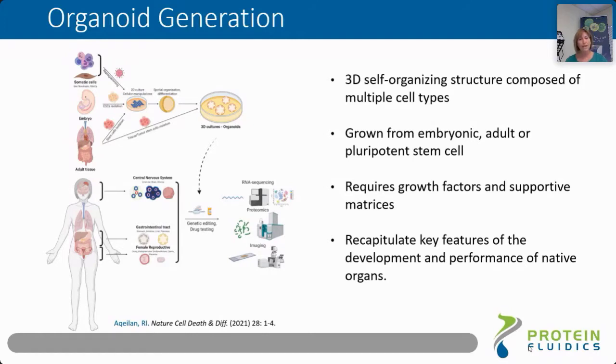But generally speaking, when we talk about organoids, we think about 3D self-organizing structure, which is generated from embryonic, adult, or pluripotent stem cell. Using particular supplements and culture medium and extracellular matrix, organoid cultures model specific organs containing multiple cell types, and they display physiological and cellular traits of the primary organ.